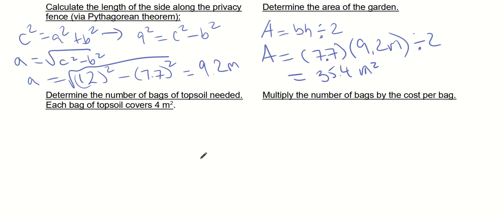So it says here, determine how many bags of soil are needed for the topsoil that covers that. So we have our area, which is 35.4 meters squared. That's the area of the garden itself.